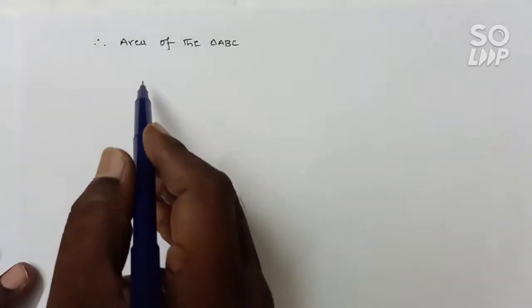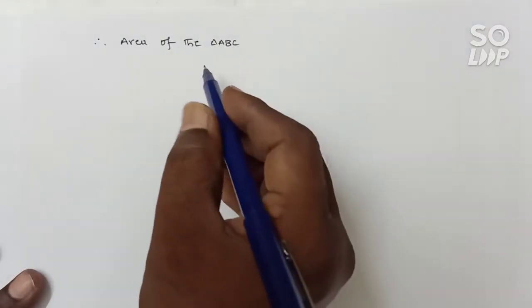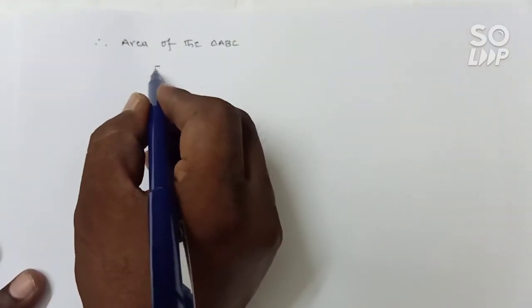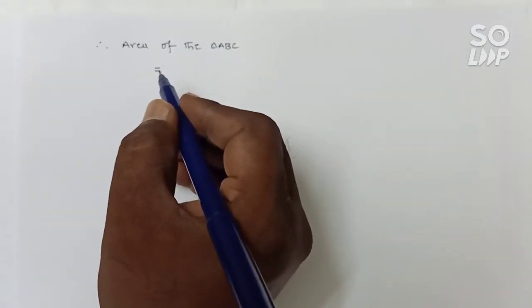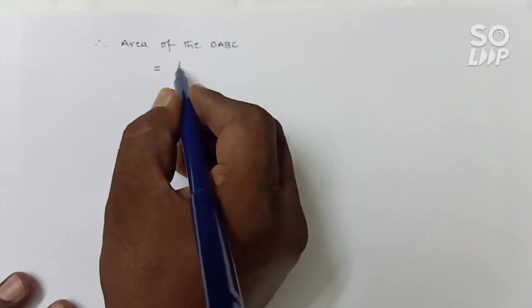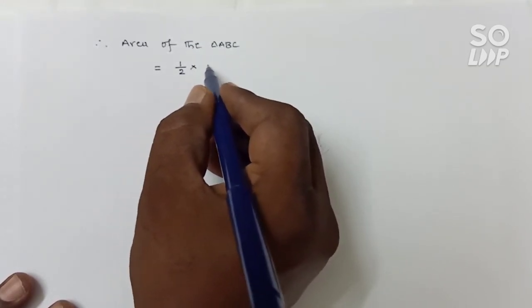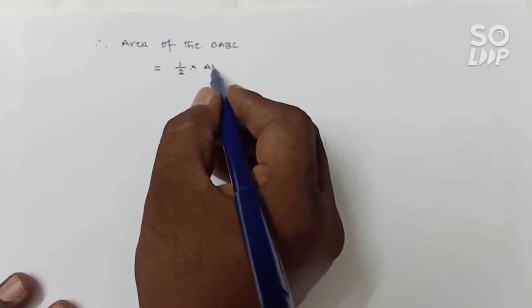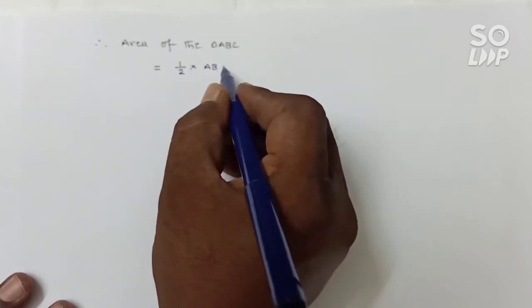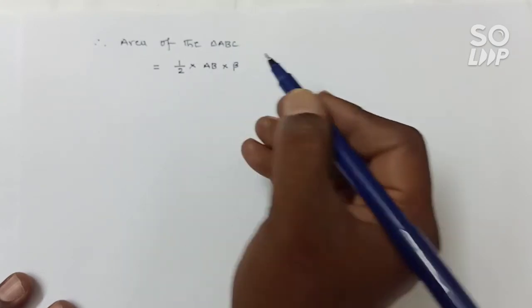Therefore, area of triangle ABC is equal to half into base. Base is nothing but AB, into height. Height is nothing but beta.